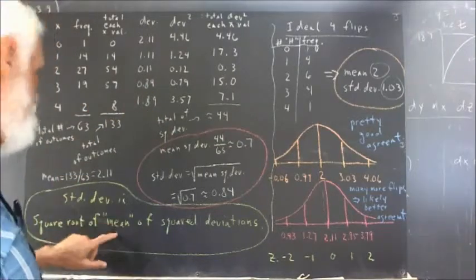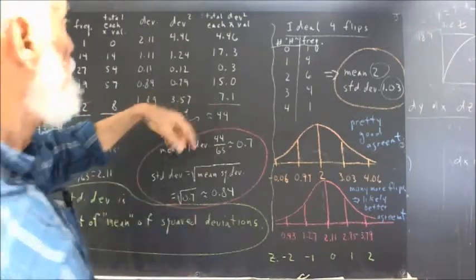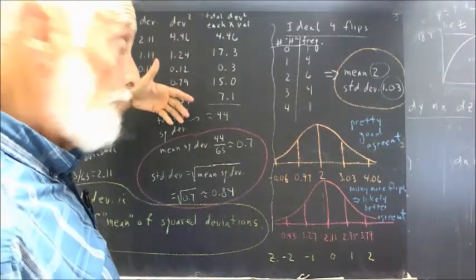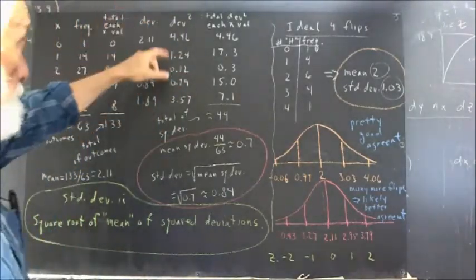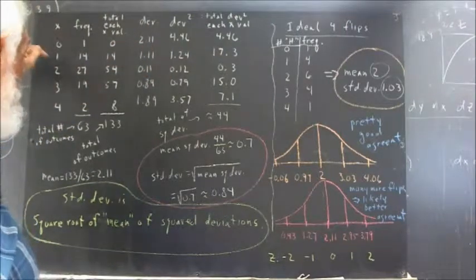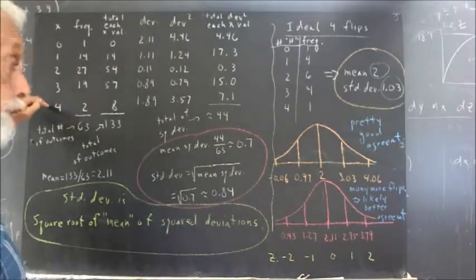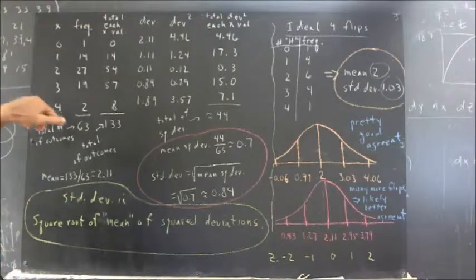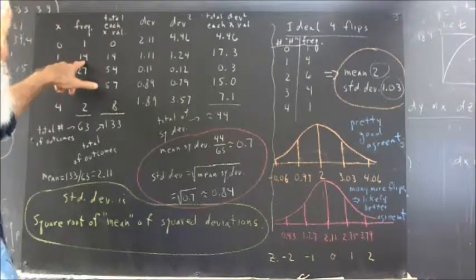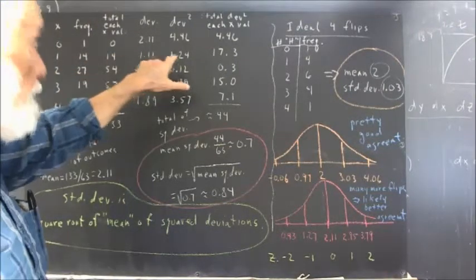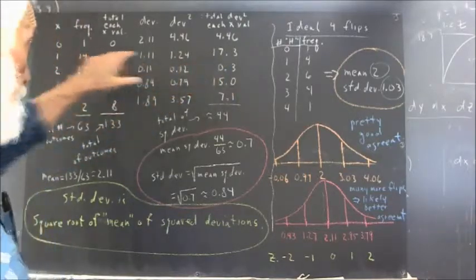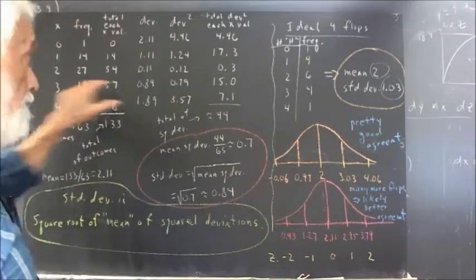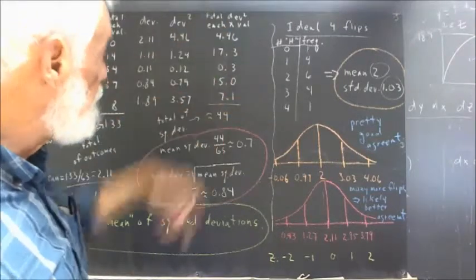Then for the mean of the squared deviations, we add up all the squared deviations. Now, we don't add up just these numbers, because this is what we get if we just had one 0, one 1, one 2, one 3, and one 4 in our outcomes. We have 14 of these, so we multiply 14 times this to get what we would get if we added 14 of these. 19 of these gives us this, and so forth.